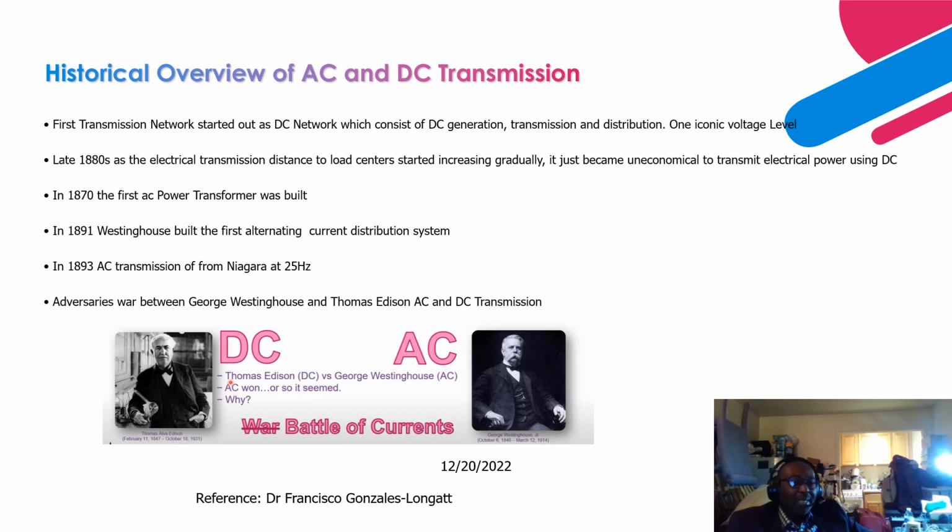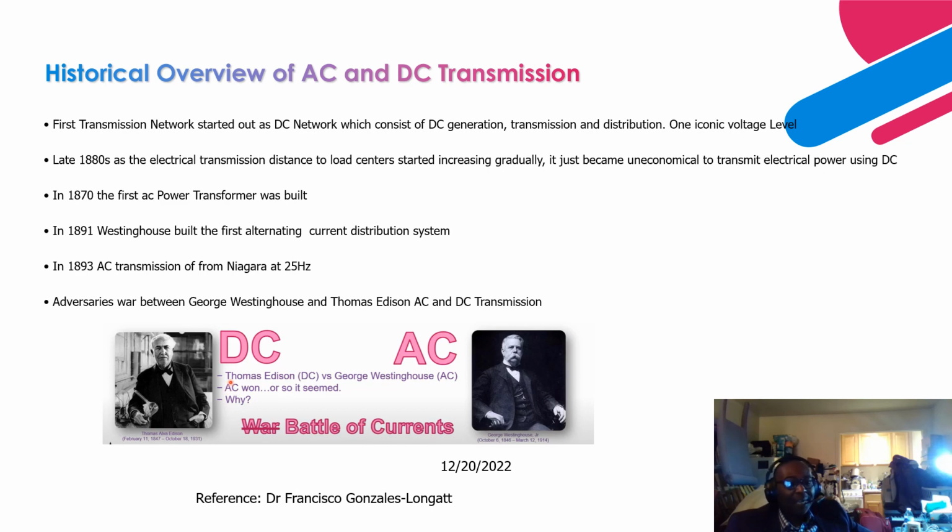Then in 1893, AC transmission was achieved from the Niagara area, but the frequency utilized was 25 hertz, as compared to these days when we have 50 hertz and 60 hertz. The reason being that at 25 hertz, economy comes into play. Everything is reduced, and cost is minimized.